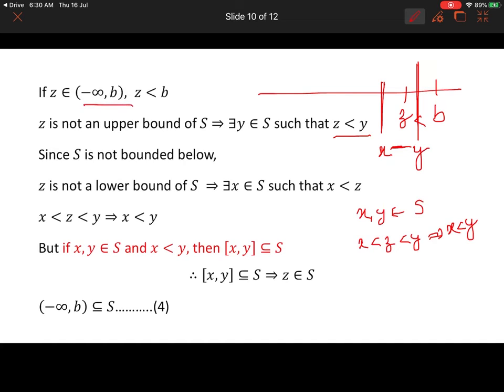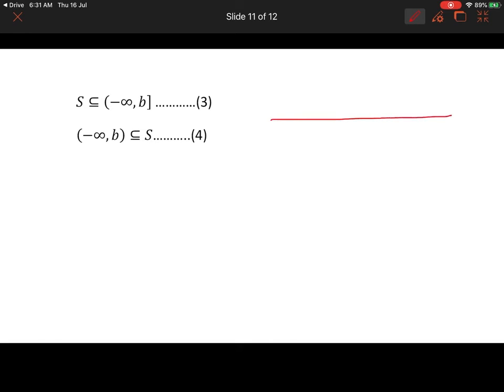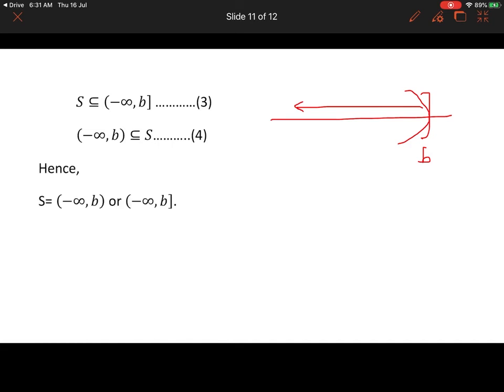So we started from z being an element of minus infinity, B, and we have ended up with z being an element of S. Means the open interval minus infinity, B is a subset of S. So we have S contained in minus infinity, closed B, and minus infinity, open B contained in S. So S lies to the left of B, and anything strictly less than B is in S. So here S again has two chances.